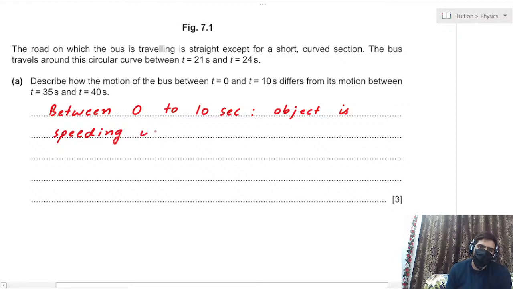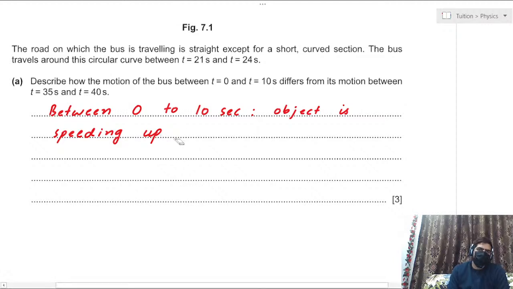Or you can phrase it differently, the speed of the object is increasing or it is accelerating.